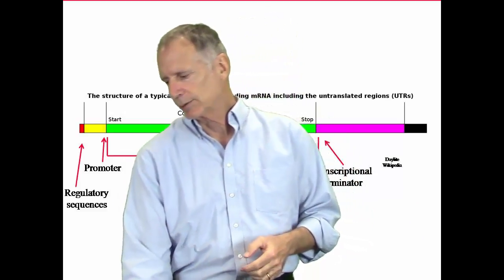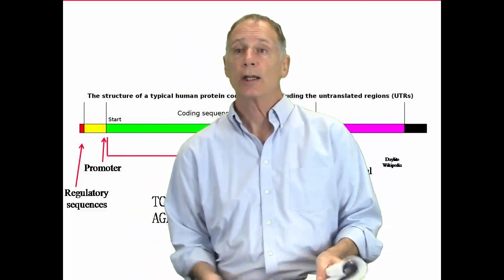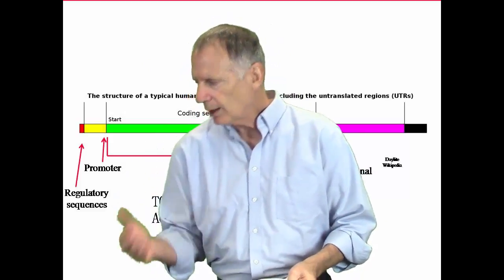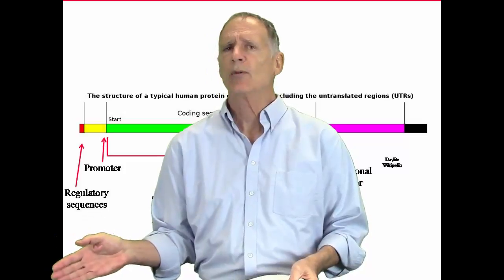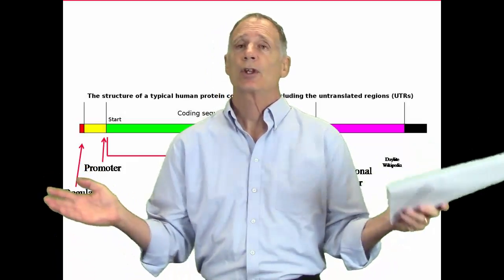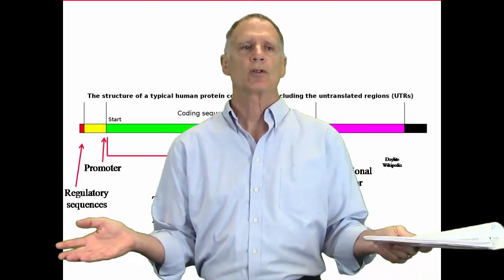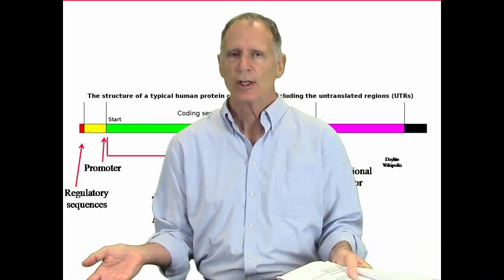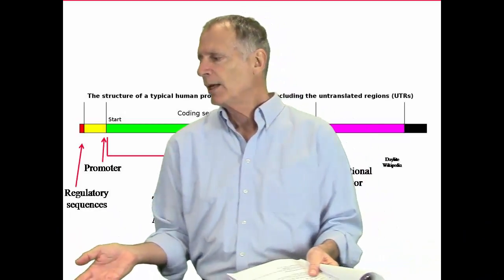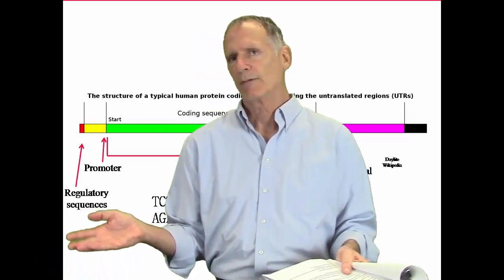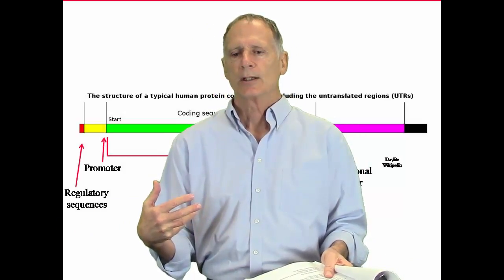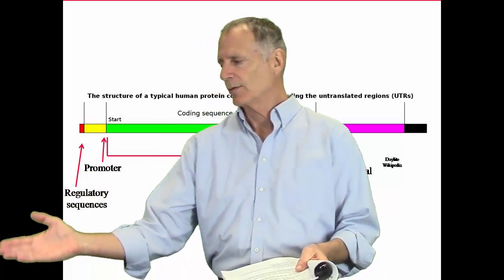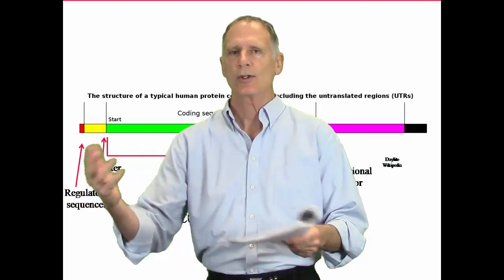Now, we don't completely understand gene regulation yet, but we're beginning to understand it more and more all the time. And it's really one of the reasons why we've discovered that there are so few genes. There are only about 20,500 genes in the DNA. And so we've got this funny situation where the regulatory sequence becomes as important as the genes.